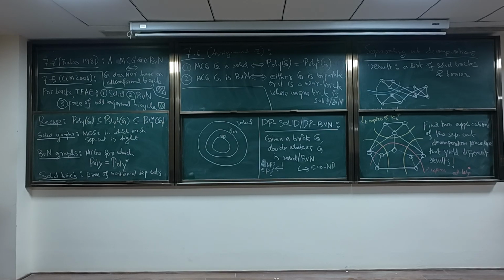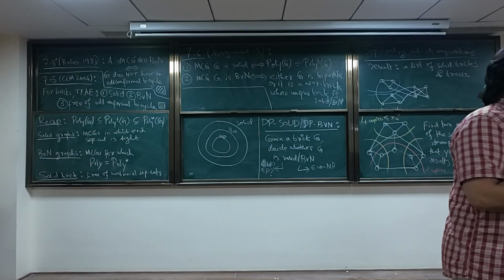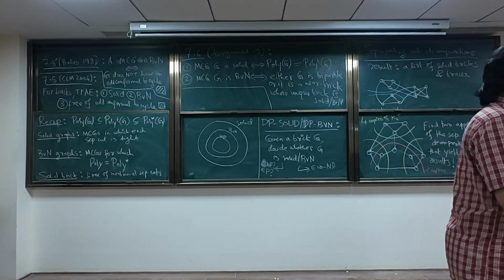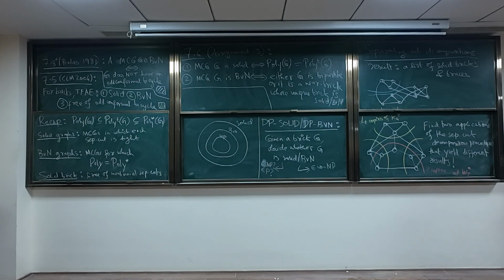Although Lucchesi-Murty do mention that who knows, maybe there is something. Maybe at some point we'll find that separating cut decomposition procedures are useful. I think they make a statement like, amongst all such applications, the one that gives you minimum number of solid bricks and braces, maybe that has some relevance, but we don't know. It's all speculation at this point.